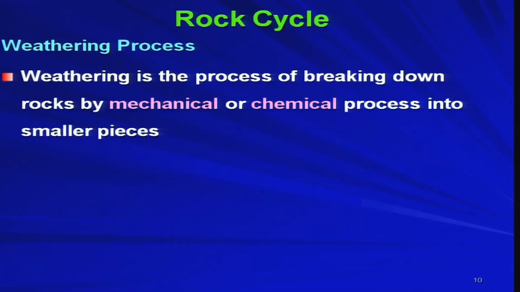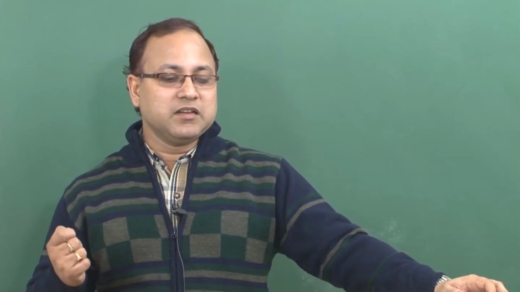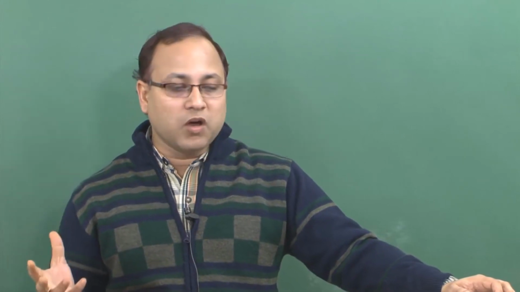Weathering is the process of breaking down rocks by mechanical or chemical process into smaller pieces, and this is the process by which you get soil formed from the rock. So, rock can be transformed under different weathering processes and ultimately it will be disintegrated, forming the soil.